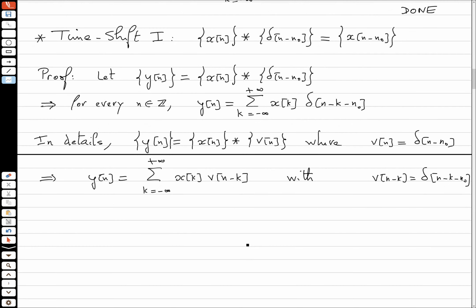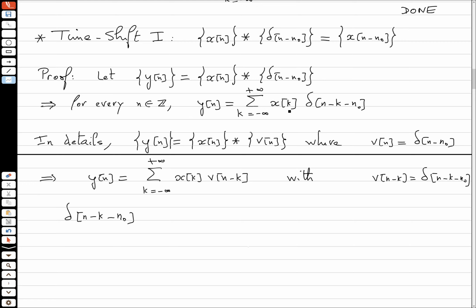All right. Now, you want to expand this. But how much is delta of n minus k minus n naught? So you have to see the following: n naught is fixed, but you have to consider that n is fixed also, and you perform this summation over k.